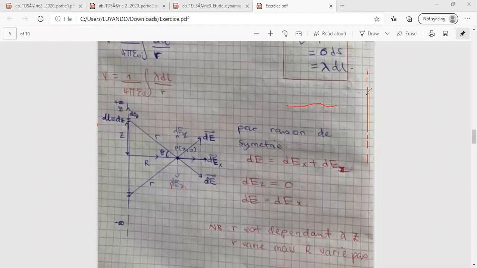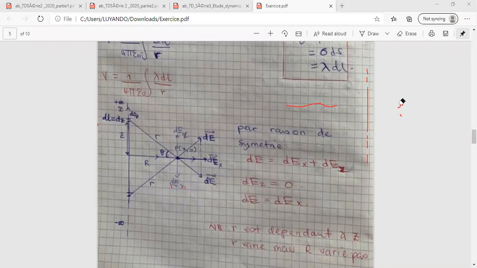So I've been given a wire, and I'm told to calculate the potential at a point P, at distance r from the wire. So I'm told to calculate the potential at this point here. This is my P, in the XY plane.